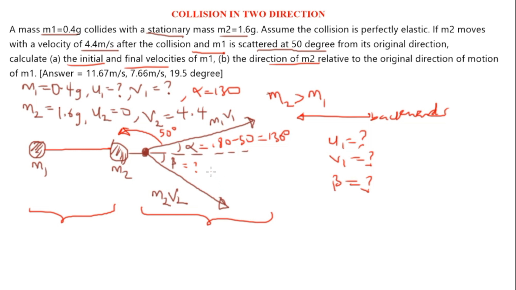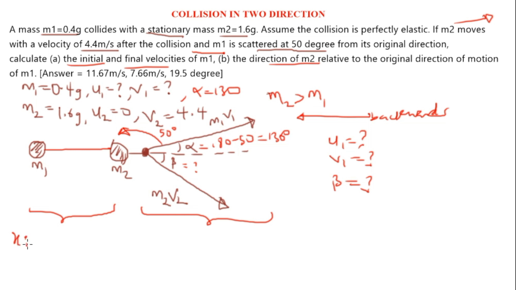Since momentum is a vector quantity, and this kind of collision is a collision in two directions, the momentum has components in the y-axis and in the x-axis. So we will need to resolve. If you don't know how to resolve vectors, you can check the videos that are suggested up here. Alright, now we will need to resolve.